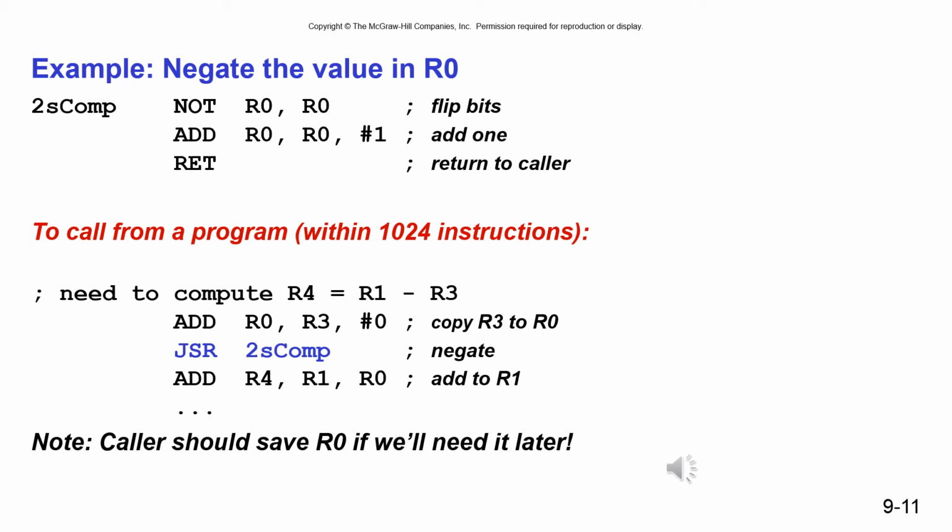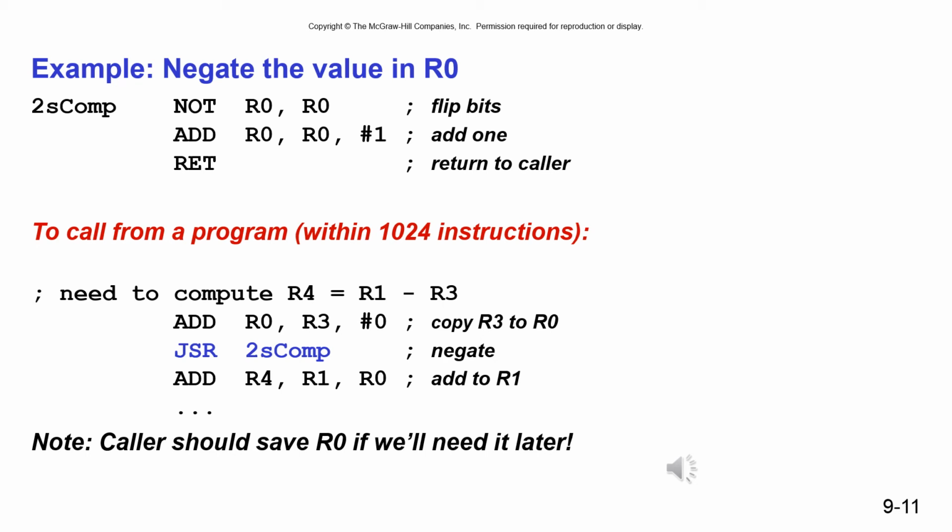But in this case, we call JSR, and it knows that the argument is in R0. It negates it, and then we simply add the value in R0 to R1 and store it in R4 to complete the original goal of subtracting R3 from R1 and storing it at R4. Take a close look at this.